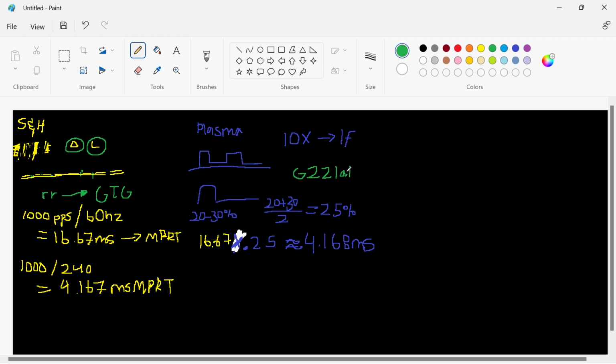So it's not exactly this. It's very much approximate. So it'd probably be closer. It's going to be somewhere between 4 to 5. So let's find the average of the two, 4 plus 5.